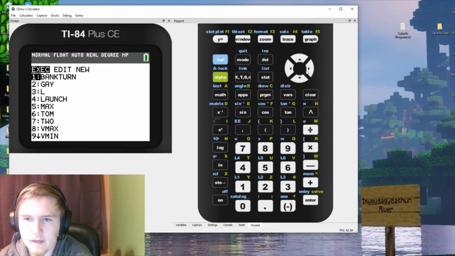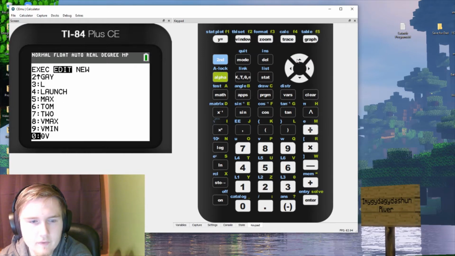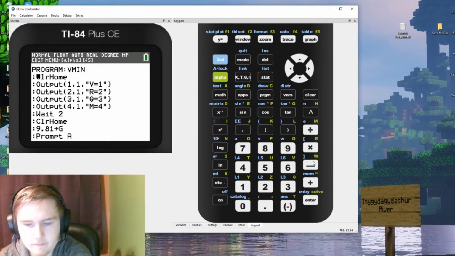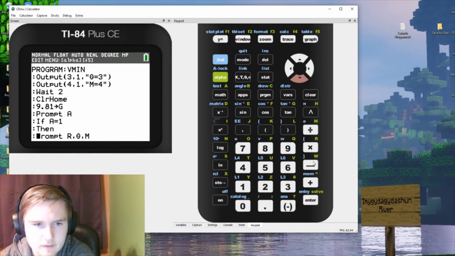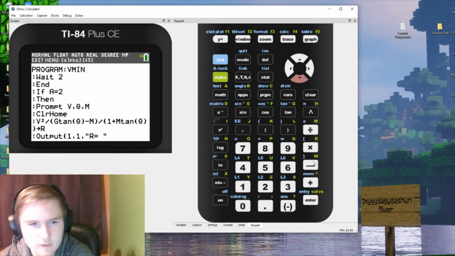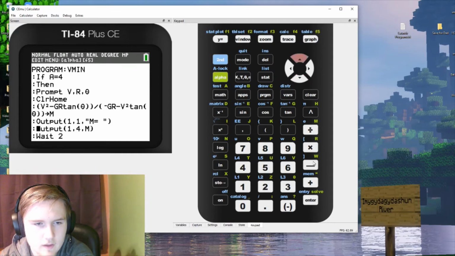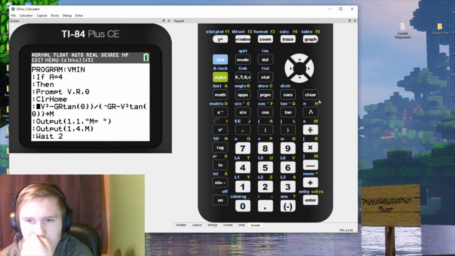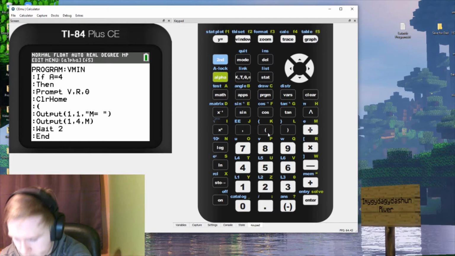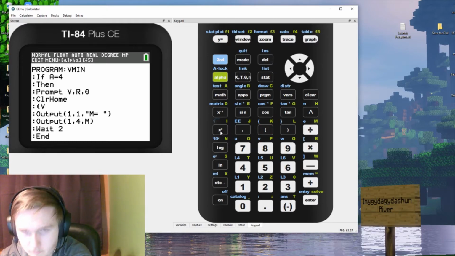Hey, quick PSA, I had to retake this twice. There's a mistake in vmin. Down here in the mu, it was derived wrong by me. Oops. So basically, you're just going to want to clear the equation, and it's V squared minus GR tan of theta.